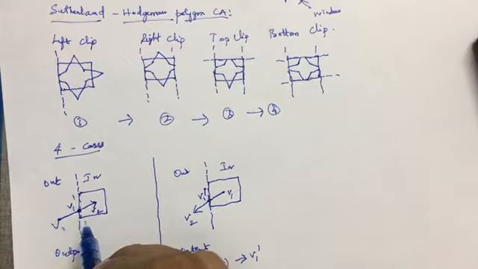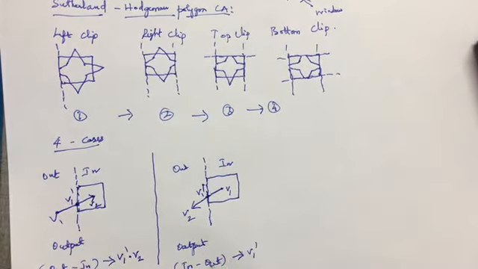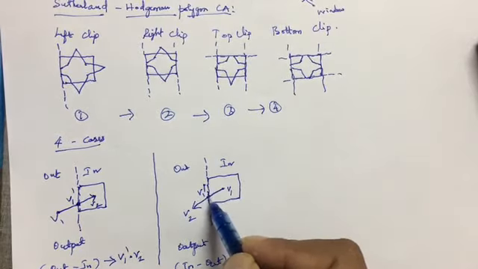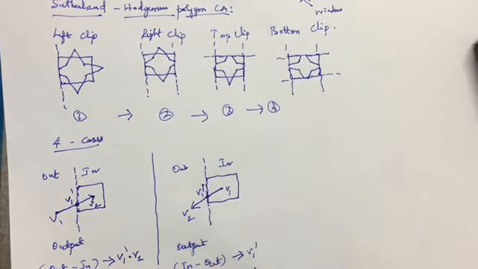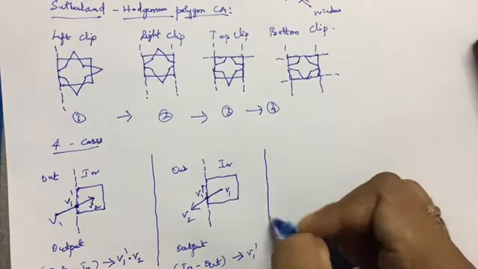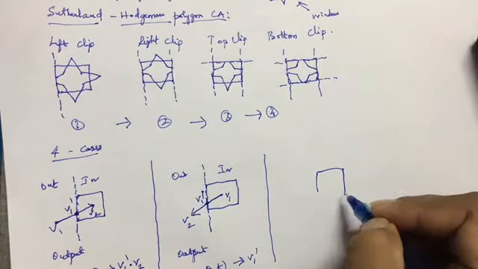In the previous case, I said that we have to consider the end point. So in this case, after this margin, this line will be clipped, and so the end point will be V1 dash only.